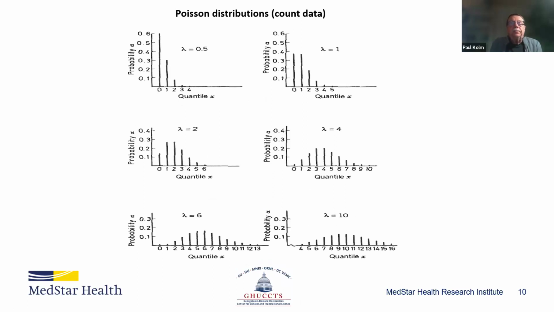The Poisson distribution is skewed for small degrees of freedom, but as you can see, as the sample size gets bigger, it tends to look more normally distributed.